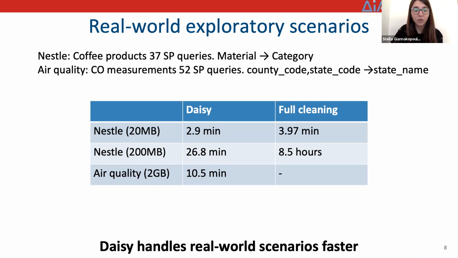And we also evaluate an exploratory analysis scenario from Kaggle, which analyzes carbon monoxide measurements over the states and territories in the US. For the case of Nestlé, we use 2 versions of the dataset, a smaller and a larger one. And in the smaller one, we observe that the difference in the response time is mainly due to the fact that the query workload accesses 40% of the dataset.